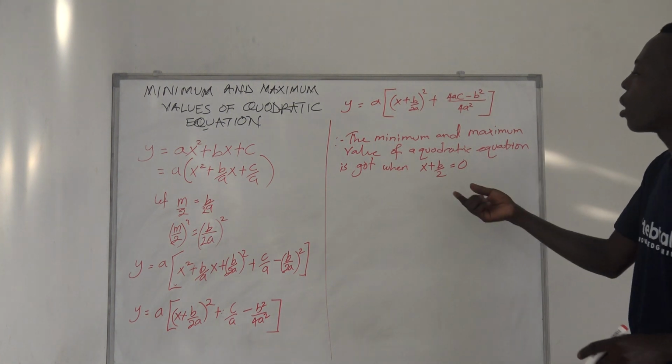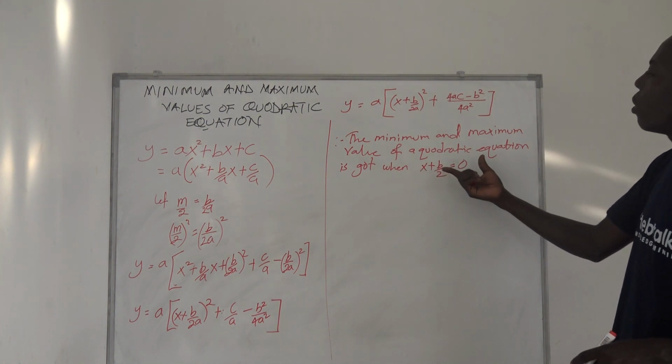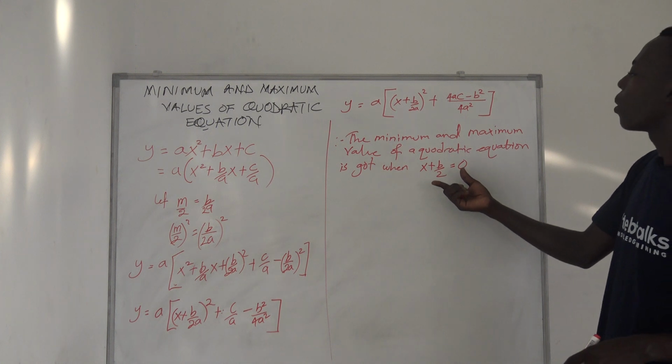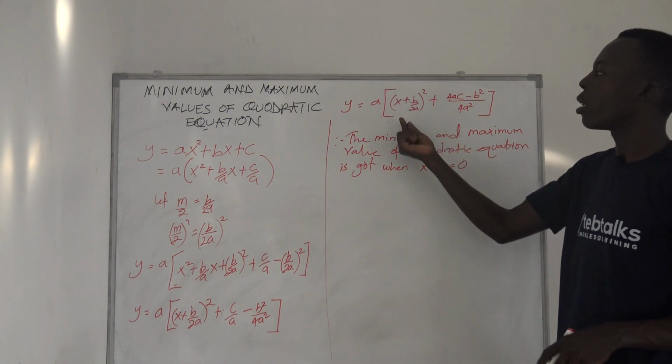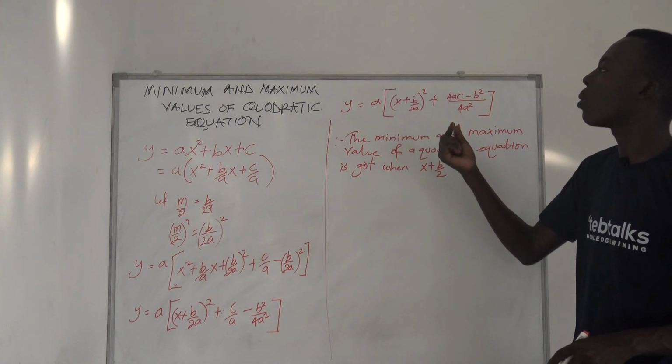So we get the value of the minimum and maximum of a quadratic equation when this one, the one in the bracket here, equals 0.